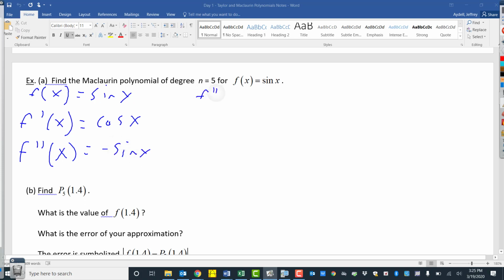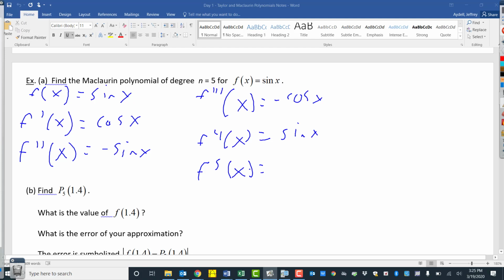So triple equals negative cosine, fourth equals positive sine, and then fifth equals cosine again.